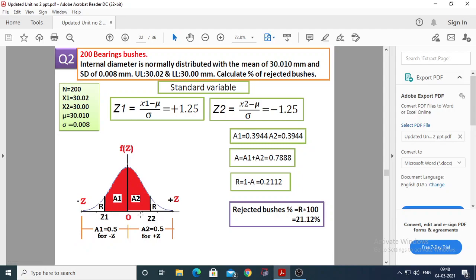If you want the percentage, multiply by 100. Means 21.12%. This is the rejected area, the rejected bushes. Okay, all of you getting?